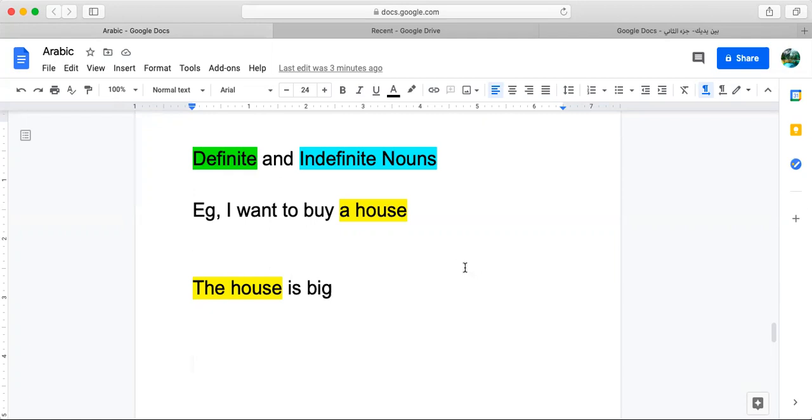In Arabic, how would we show the difference? So here in Arabic, for example, we mentioned a house. House in Arabic is baytun. Okay, let's make that a bit bigger. So baytun, a house.